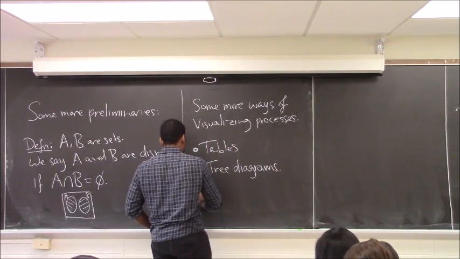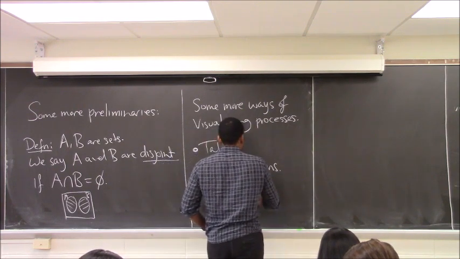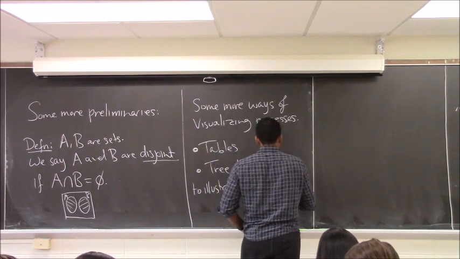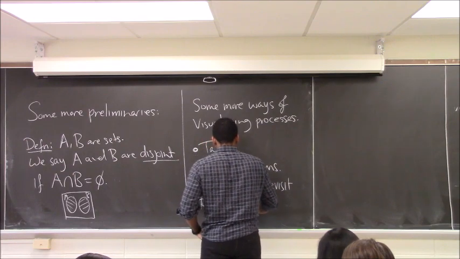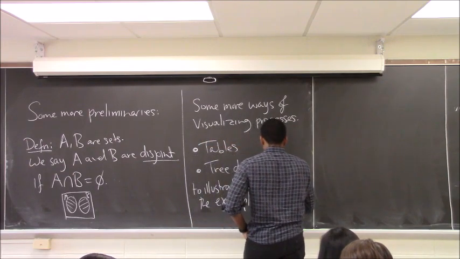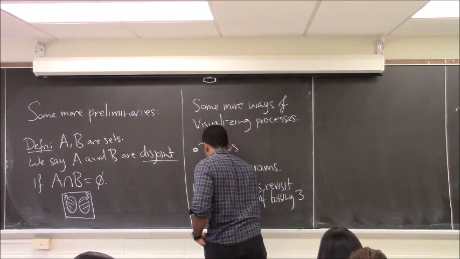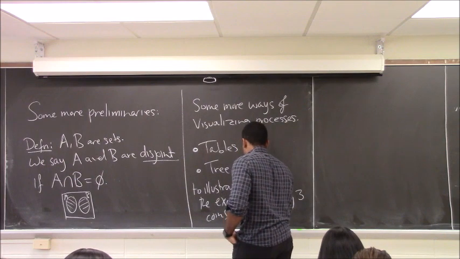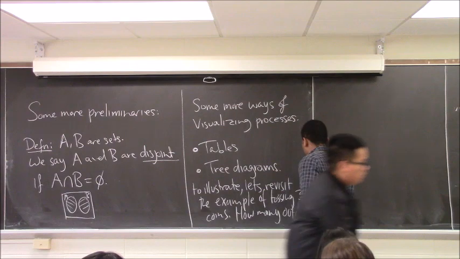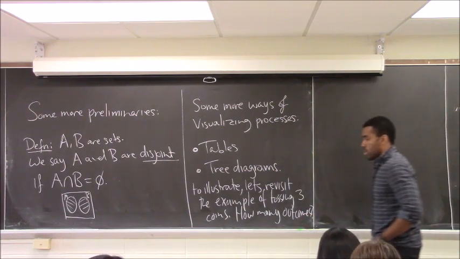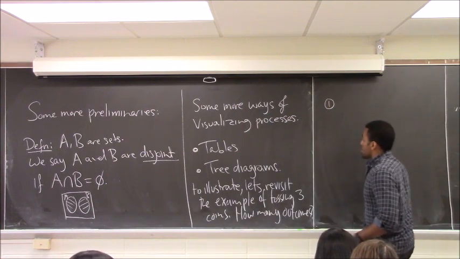To illustrate, let's revisit that example. How many outcomes? Now, we know one way to look at this is the multiplication rule.